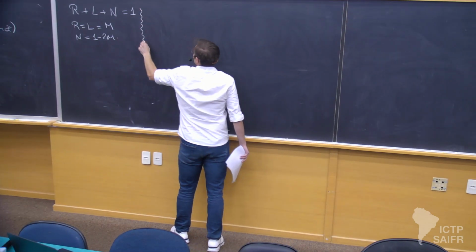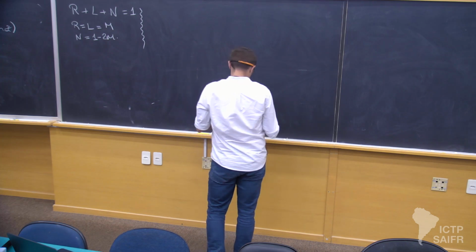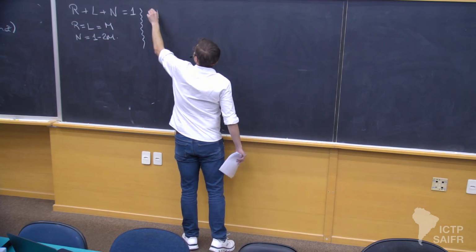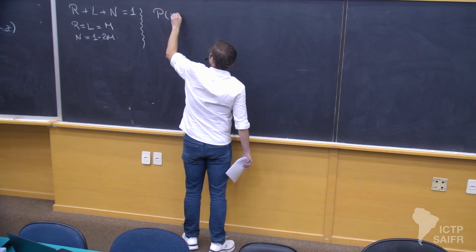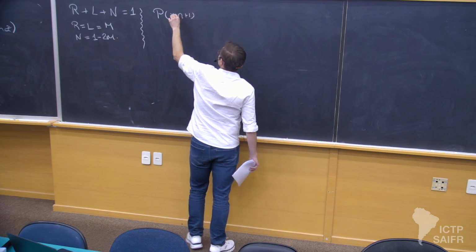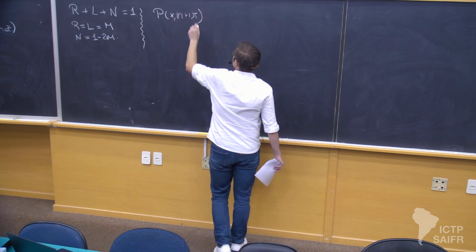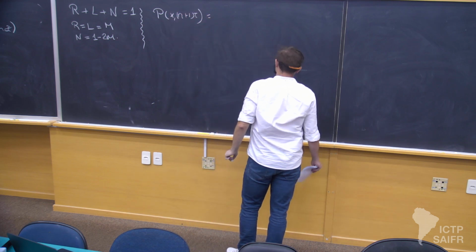So under these conditions, I can rewrite, still in discrete time and space, my recurrence relationship.